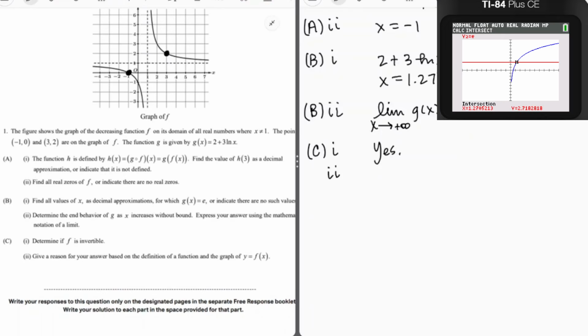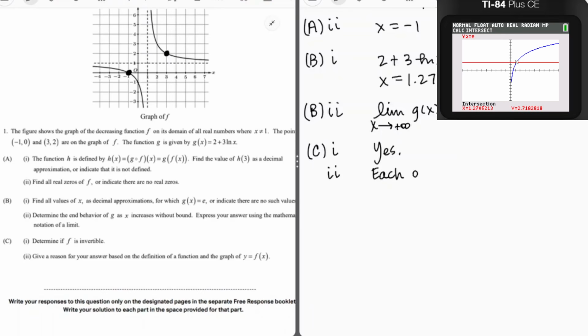A function that's an injection, which this one is, is going to be invertible, but that doesn't necessarily have to do with the definition of a function in the graph of y equals f of x. Now the graph of y equals f of x. Basically, yes, because each output value, each of the y coordinates, is only hit by at most one x value.